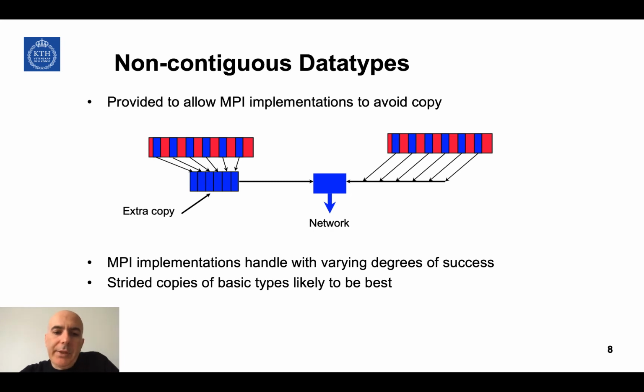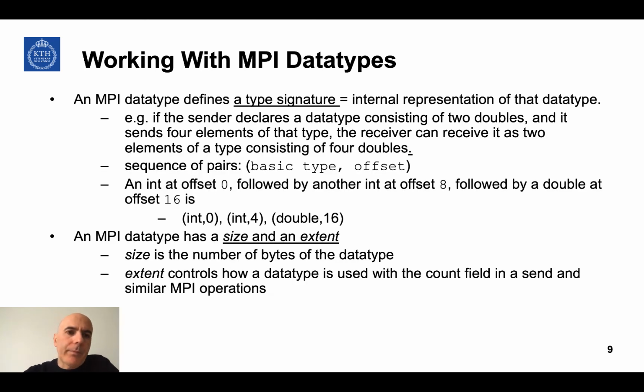MPI implementations are more or less successful in performance in providing this. Strided copies of basic types are likely to be the best when talking about performance.